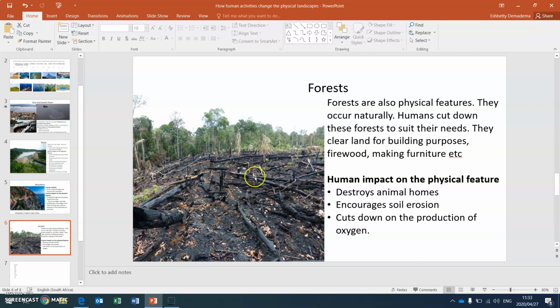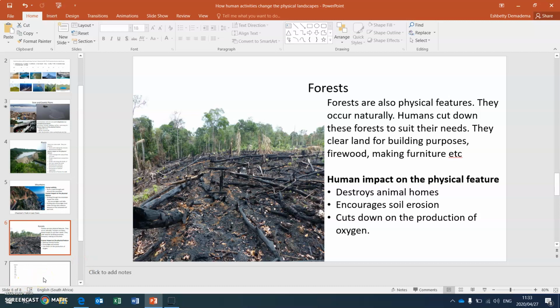As we cut down a lot of trees, we are also cutting down on the production of oxygen. Remember, from our NST, we know that we breathe out carbon dioxide, and then the trees take in that carbon dioxide and they give us oxygen. So as long as we are cutting down our trees, we are also cutting down on the production of our oxygen.